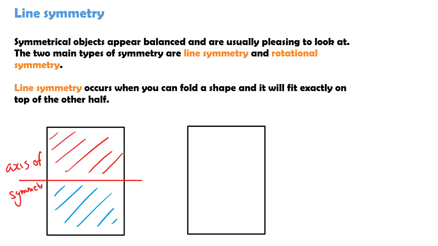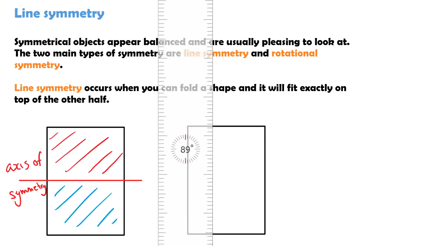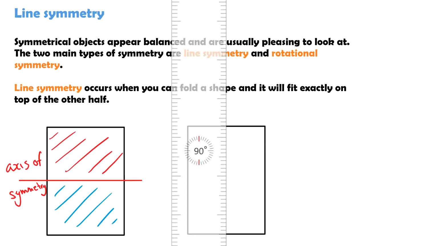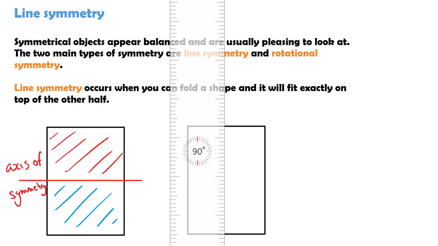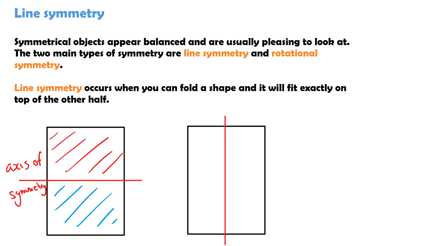If I can fit it in there, like that. But the shape also has a different line there. Shapes can have more than one axis of symmetry. So I can flip my ruler this way and draw down this way now. Let's say roughly there. Right, and there you can see that if I flipped my red shape, it might not be perfect because of my drawing, but you get the idea.